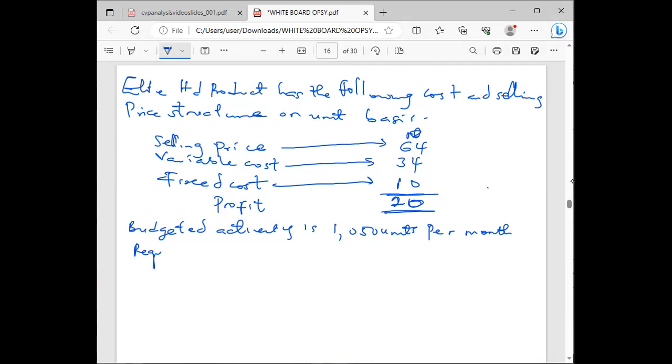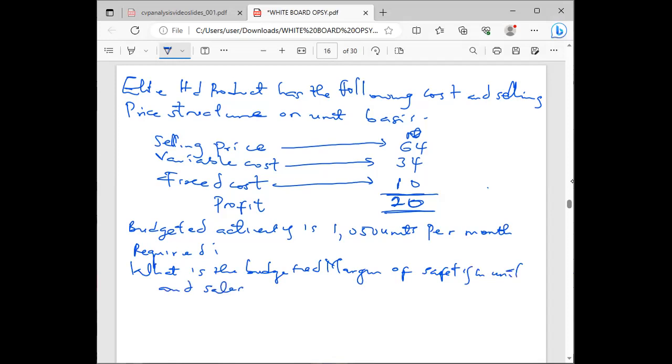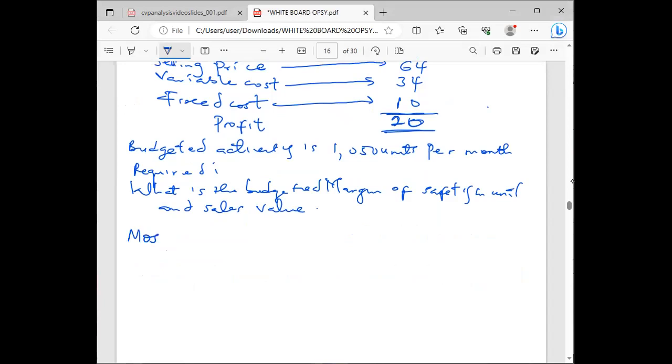Required: what is the budgeted margin of safety in units and sales value? MOS in units.